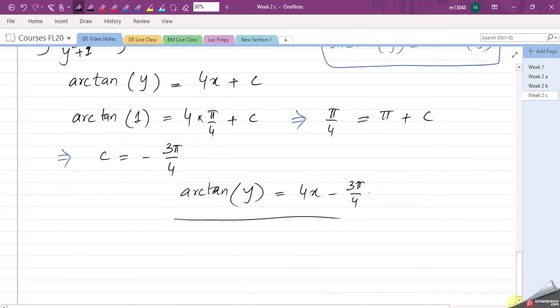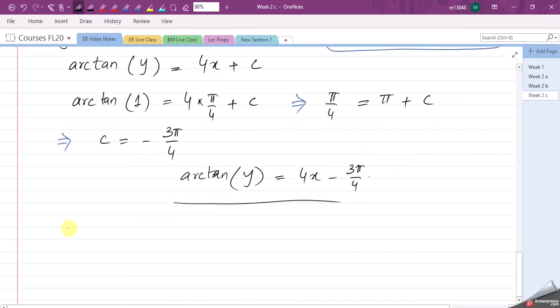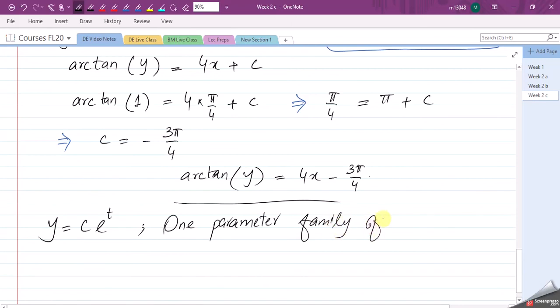Just one quick terminology I will introduce. So we saw the solution y equals c e power t. This is called a one parameter family of solutions. Why is that?